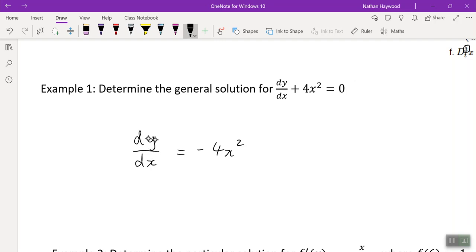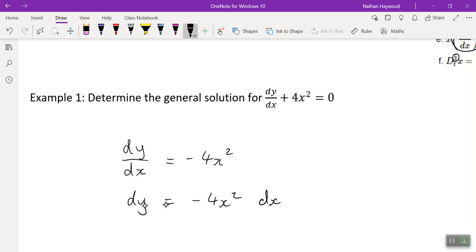Yep, so we can split the dy and dx up. So we could multiply both sides by dx. So we've got this now, and we want an equation in terms of y and x. So we can integrate both sides.